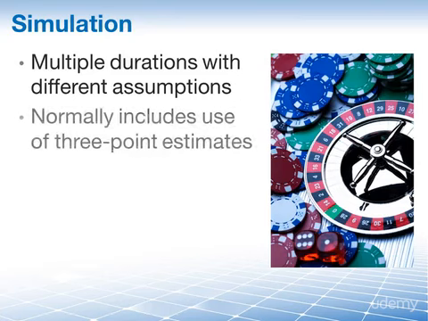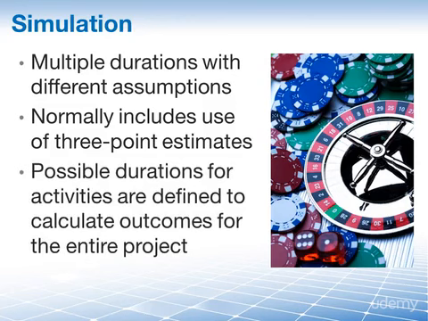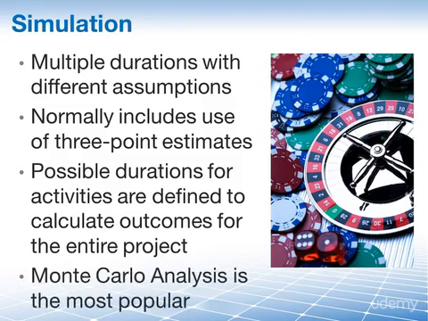It normally includes the use of probability distributions that are constructed using 3-point PERT estimates to account for uncertainty. The distribution of possible activity durations is defined for each activity and used to calculate a distribution of possible outcomes for the entire project. The most popular form of this is the Monte Carlo analysis.